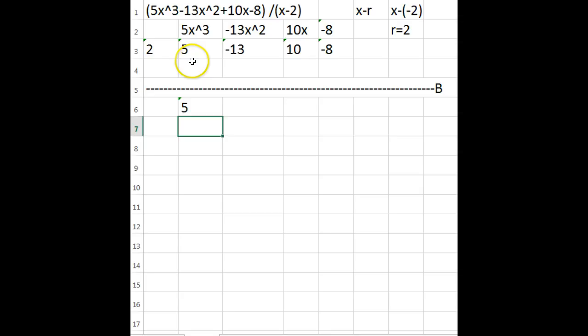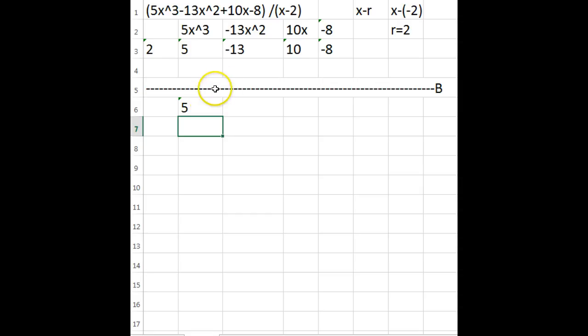Now we need to multiply. In synthetic division, remember, we multiply our R value by the coefficients we bring down below the equal bar. We have a 2 in A3, and we multiply it by our first coefficient in B6. So 2 times 5 is 10.